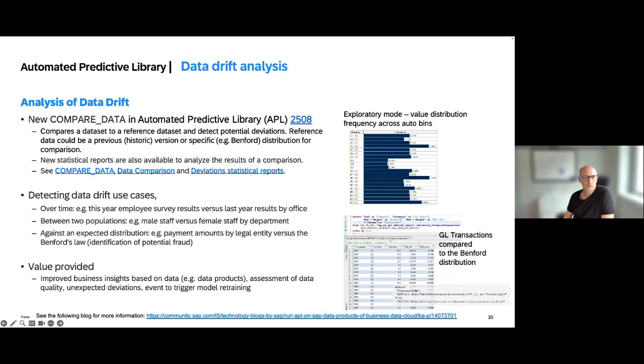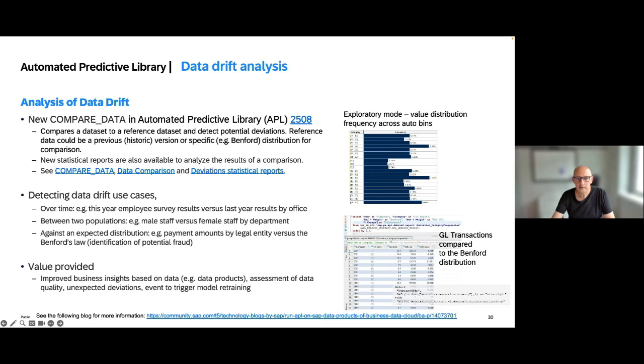Basically, we can compare multiple data sets, could be a historic version of something and the current version, and by that we detect, okay, the value distribution of some of the values in different columns has changed, and that's a trigger to retrain a given model, or we detect that some data has changed or is distributed unexpectedly, and that might be an indicator that there's a potential fraud in, again, our financial accounting data. It's a nice feature in the Automated Predictive Library. And there's also a blog as a reference on this slide.